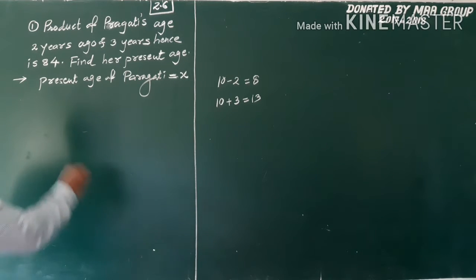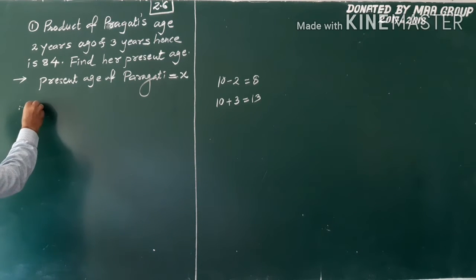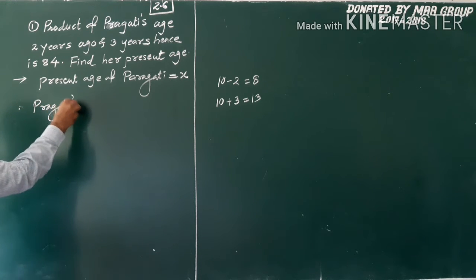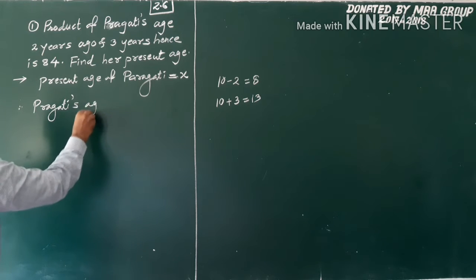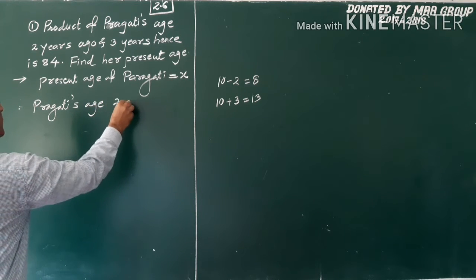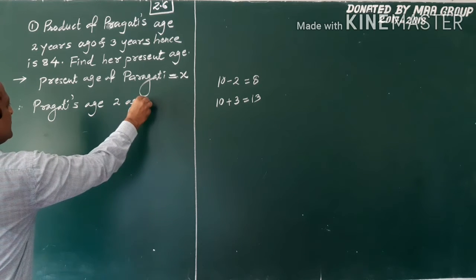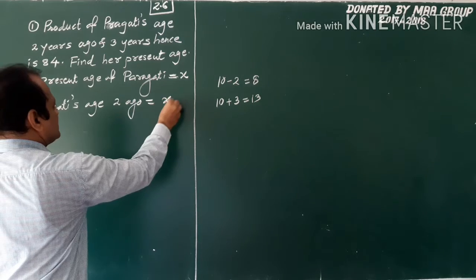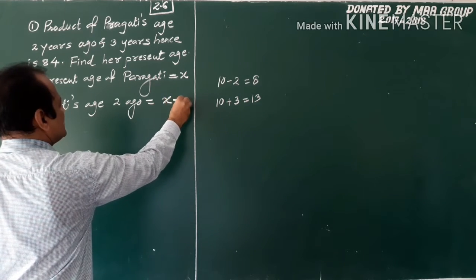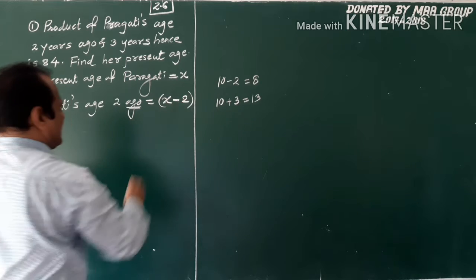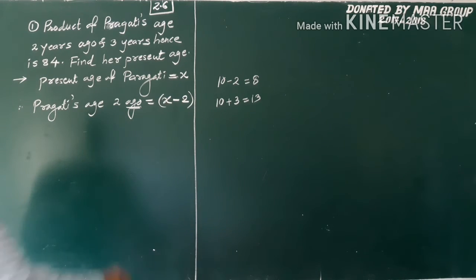Then Pragati's age 2 years ago is equal to x minus 2, because "ago" is there, so we have to subtract: x minus 2.